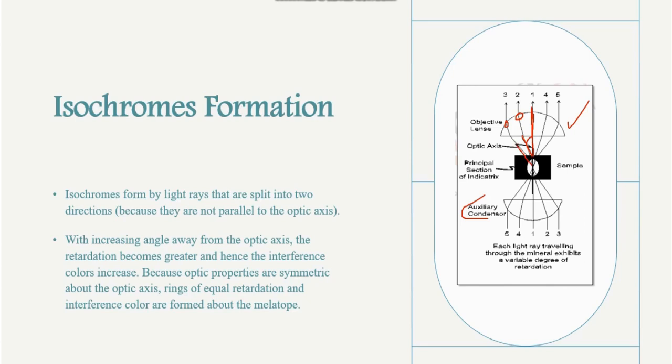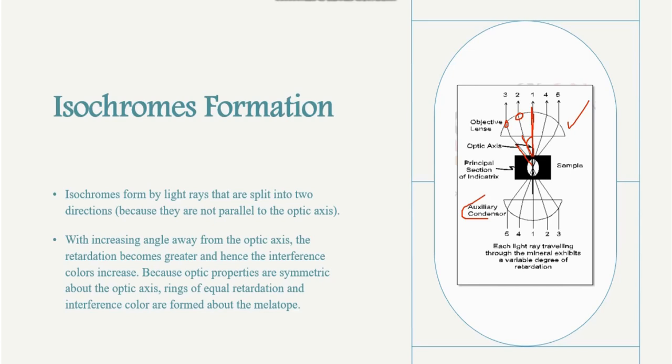The angle between the optic axis and ray path 2 is moderate, but with path 3 the angle is greater. So path 3 has greater retardation, path 2 has moderate retardation, and path 1, because it's parallel to the optic axis, has zero retardation, and that's where the formation of the melatope comes into the picture. I hope you understand what we are trying to say.